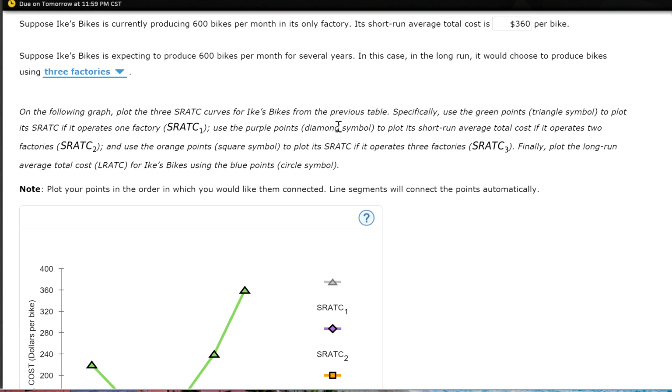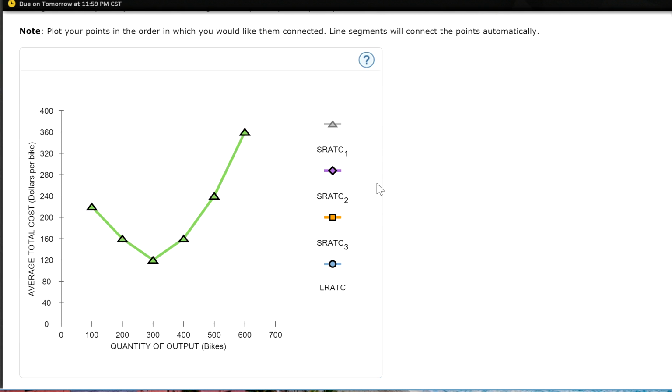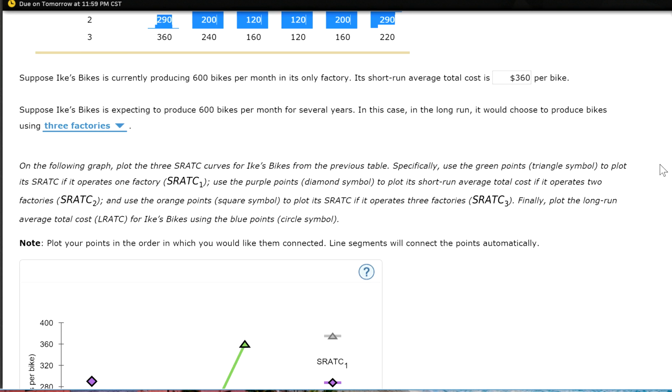Second color is going to be purple for 2 factories. So for purple, the first one is 290. So we use this column over here. So 290, 200. Did it say 200? Yes, 200.